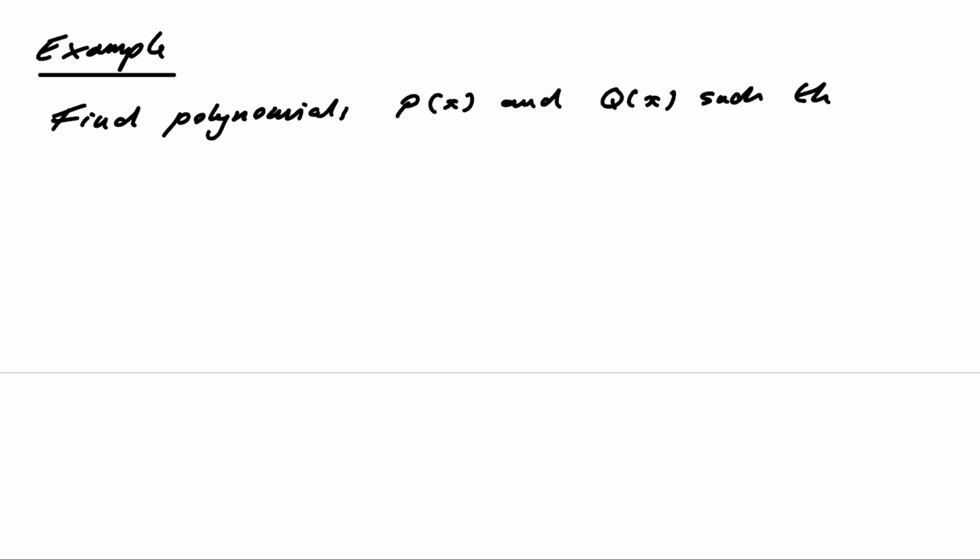So find polynomials again. Find polynomials, let's say p(x) and q(x), such that the following is true. Let's say p(x) over q(x).